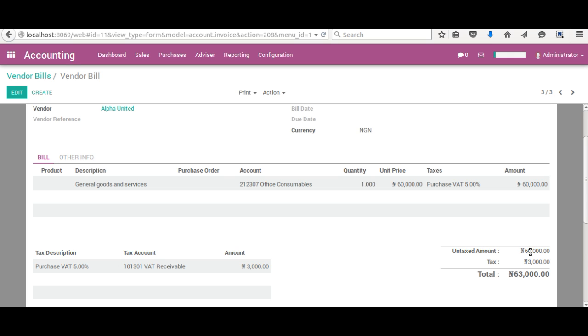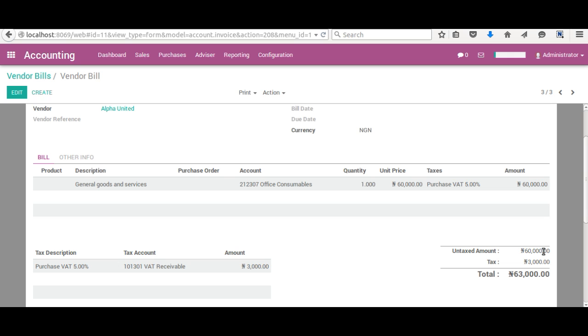But in addition, the vendor will have added 5% on this invoice amount of 60,000. That is the VAT that I am supposed to pay for the services that I have consumed, because VAT is a consumption tax. So the vendor who is providing the service has billed me 60,000 but has added a VAT of 5%, which is 3,000.